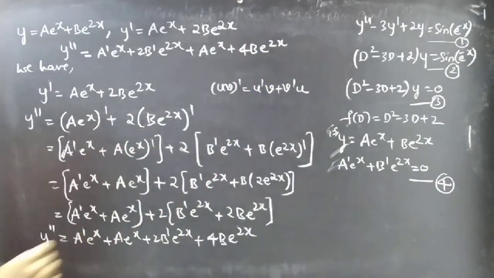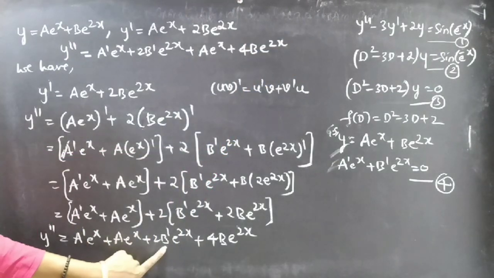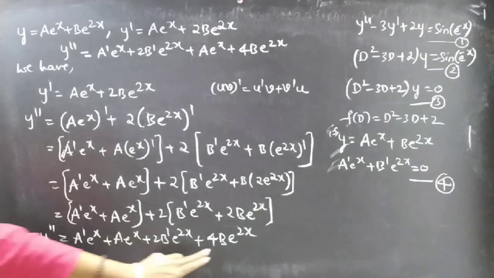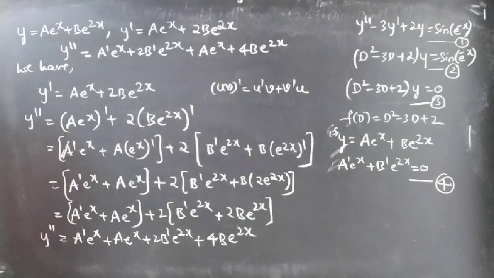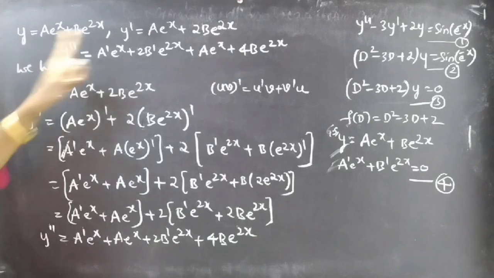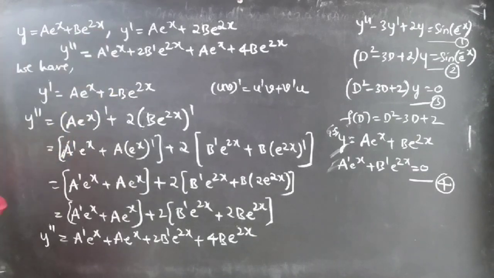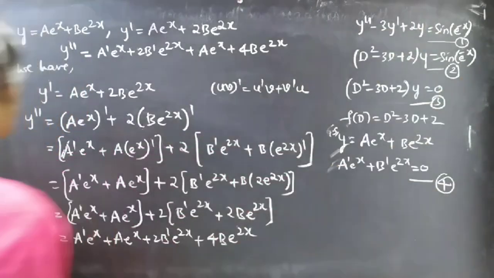I just wrote the terms involving a dash and b dash firstly, and later I wrote the terms involving a and b, right? Now we got y dash and y double dash, right? So let's substitute y double dash and y dash in equation 1.